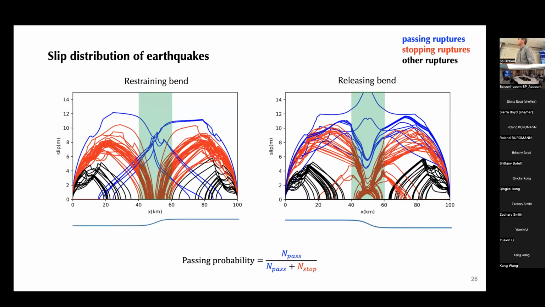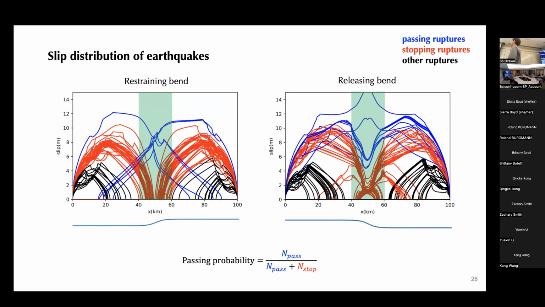Now I'm turning to the statistics. This shows the distribution of each earthquake from the synthetic catalog of these simulations. By looking at this slip distribution, we divide these earthquake catalogs into three categories. One is passing ruptures, in blue, which break both the left and right segments of the fault.